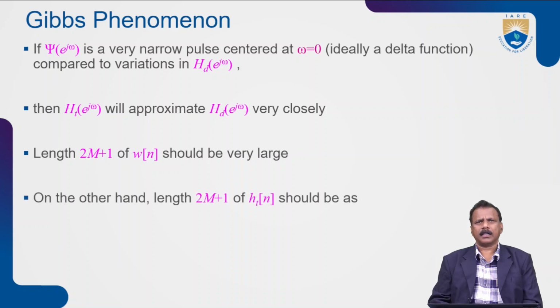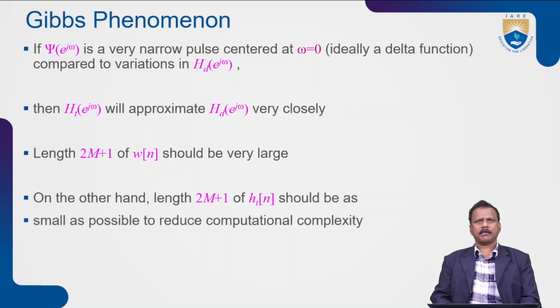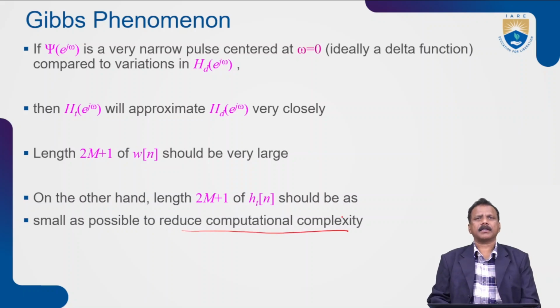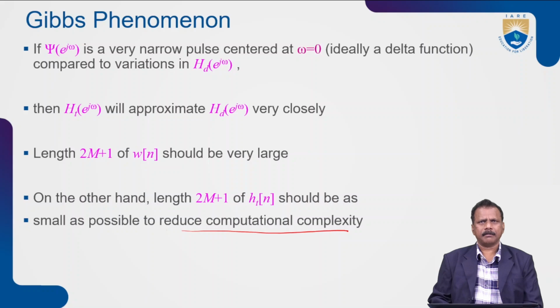On the other hand, the length 2M+1 of h_t[n], compared to the previous length, should be as small as possible to reduce computational complexity. This is the main motto: we are trying to reduce the computational complexity. The length 2M+1 of h_t[n] should be as small as possible.